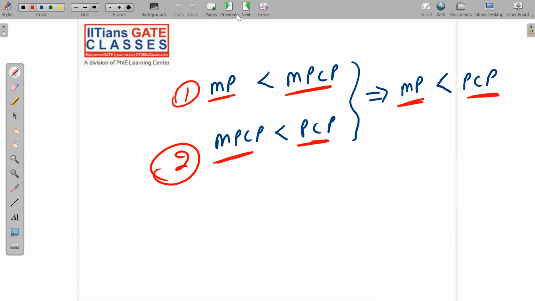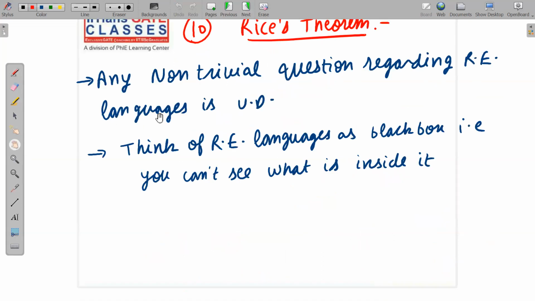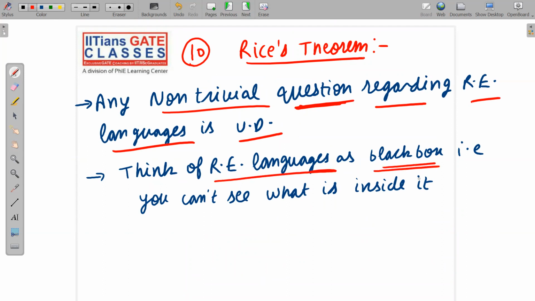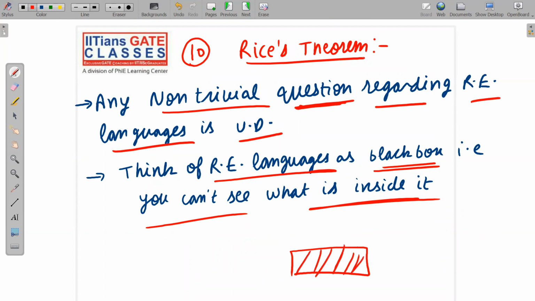Okay, so last is Rice theorem. Rice theorem says that any non-trivial question regarding RE languages is undecidable. Think of RE languages as a black box, that is, you cannot see what exactly is inside it.